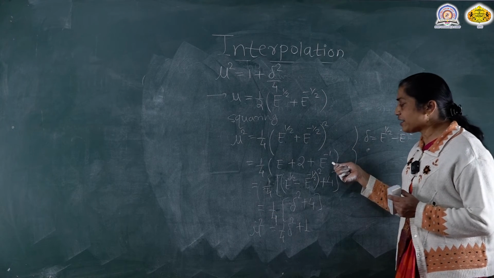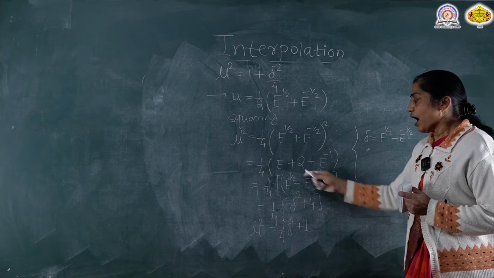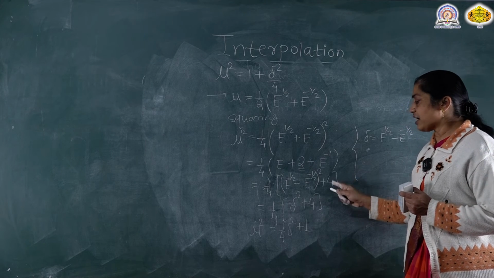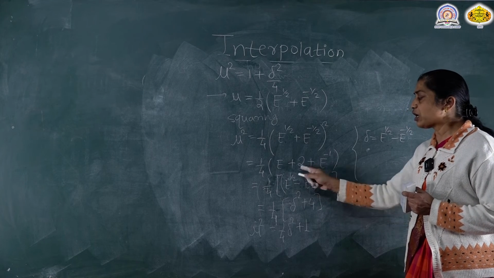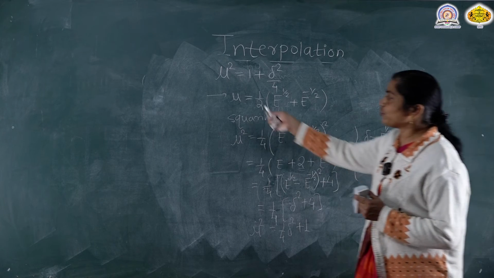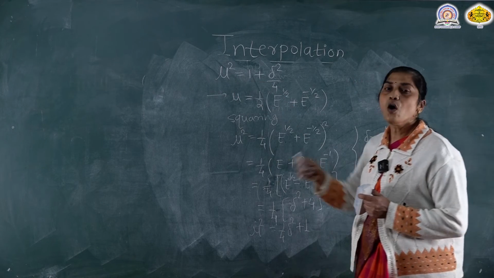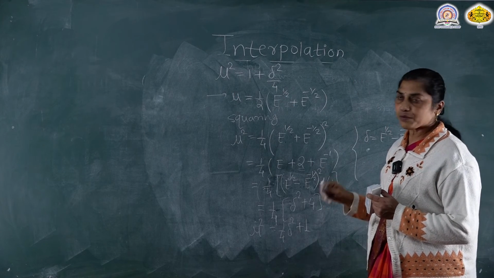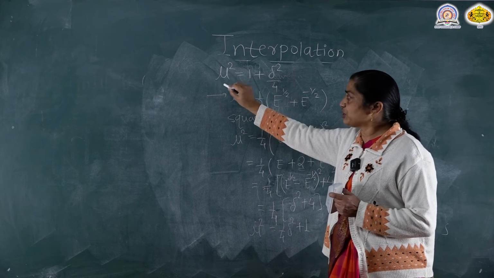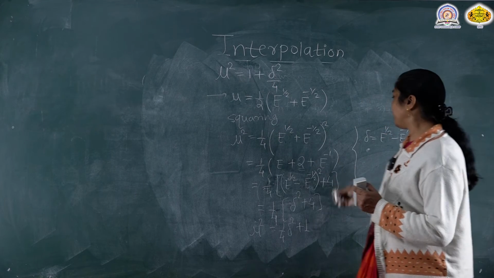We have only adjusted that 2 as 4 minus 2, and we get the required formula, that is mu square is equal to 1 plus delta square by 4. This gives the relation between mu and delta.